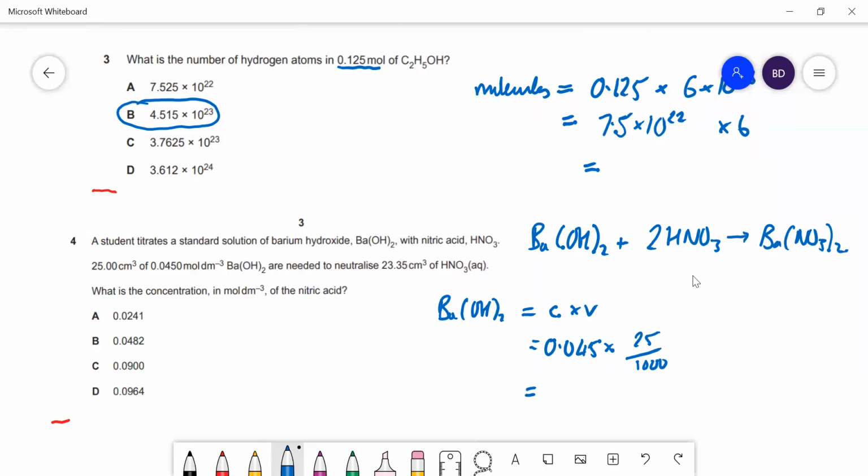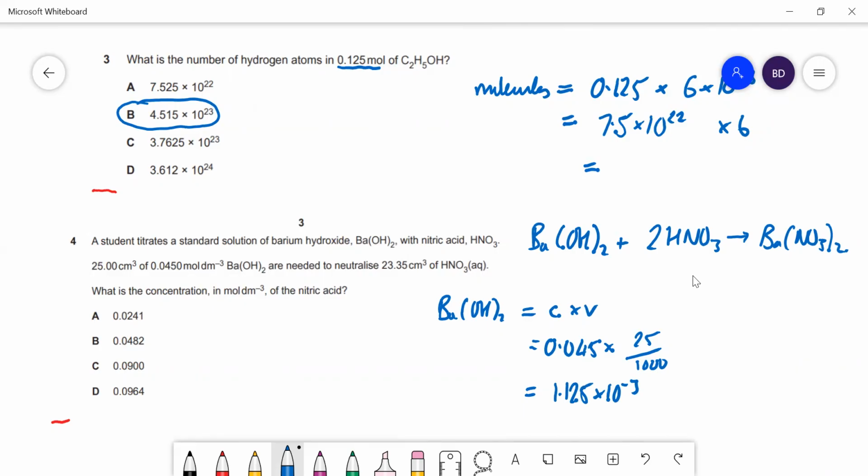That gives us, let me see. So 0.045 times 0.025 gives 1.125 times 10 to the -3.